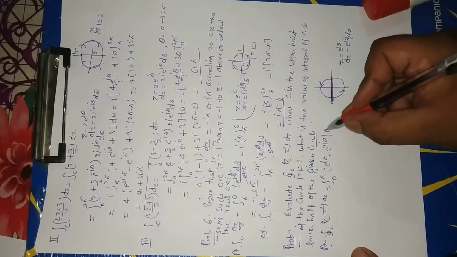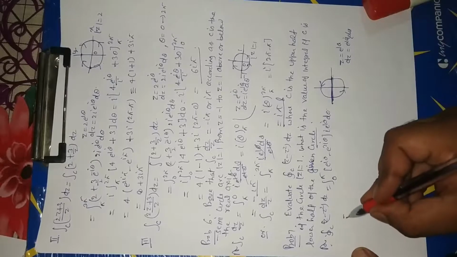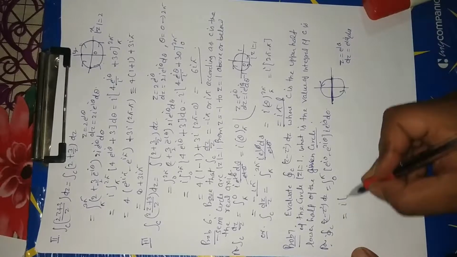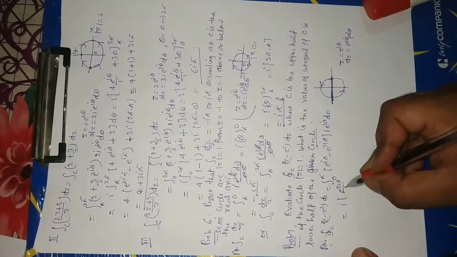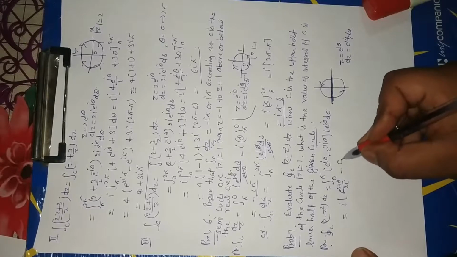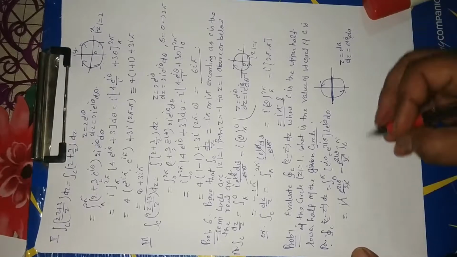Now dz is i e to the power i theta d theta. Now I multiply this and integrate: e to the power 2i theta upon 2i minus e to the power 3i theta upon 3i, limit 0 to pi. Now i cancels by this.